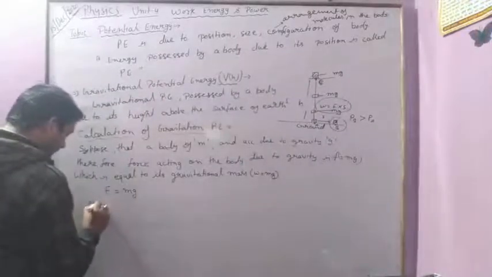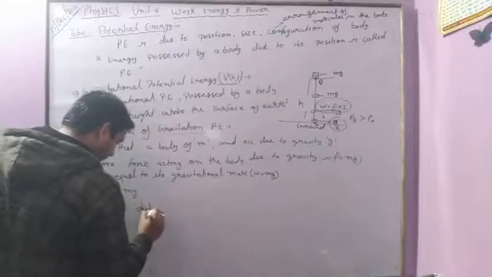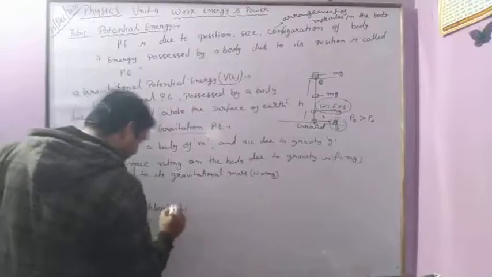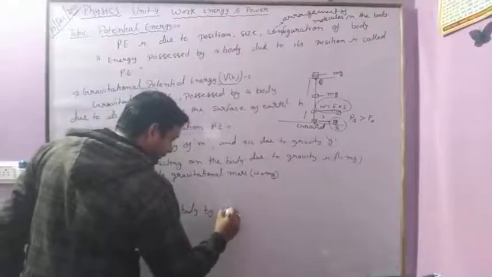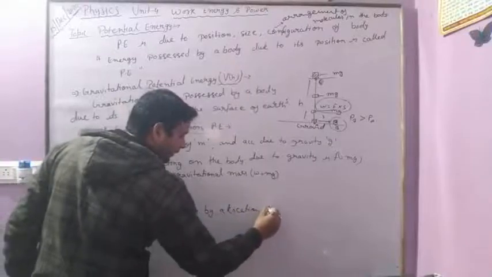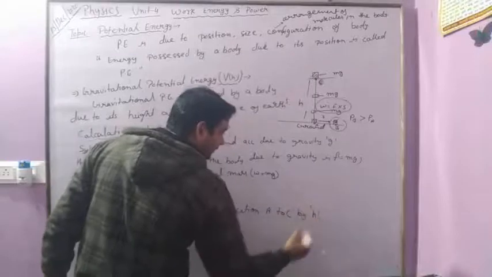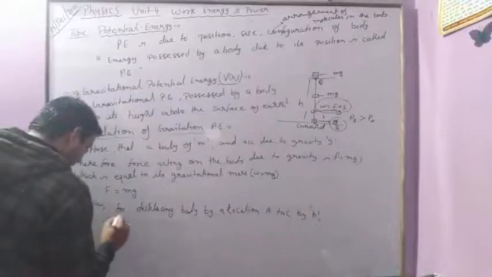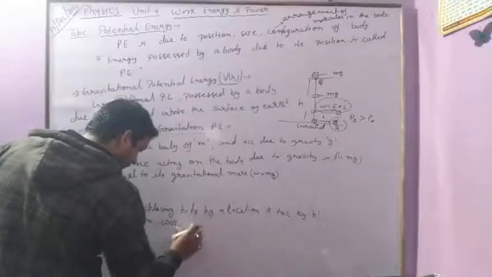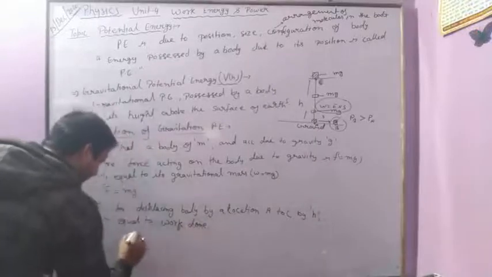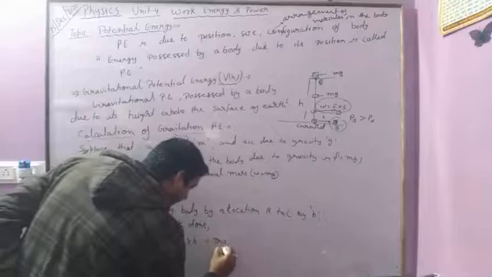Therefore, for displacing the body from location A to C by height h, the work done is equal to force into height, that is mgh.